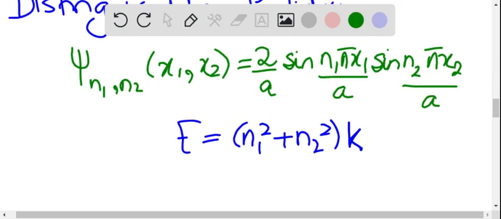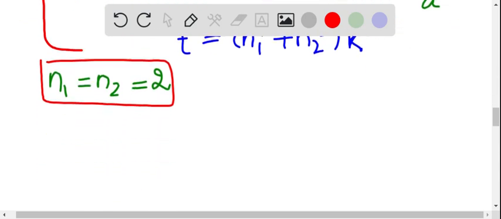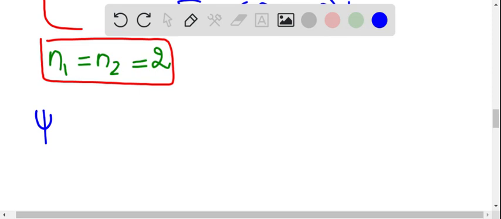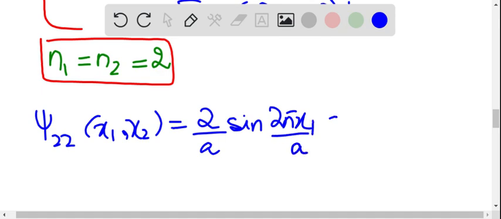The second excited state would be n1 = n2 = 2. So we plug these values in, and we have ψ_22(x1, x2) = (2/a) sin(2πx1/a) sin(2πx2/a).